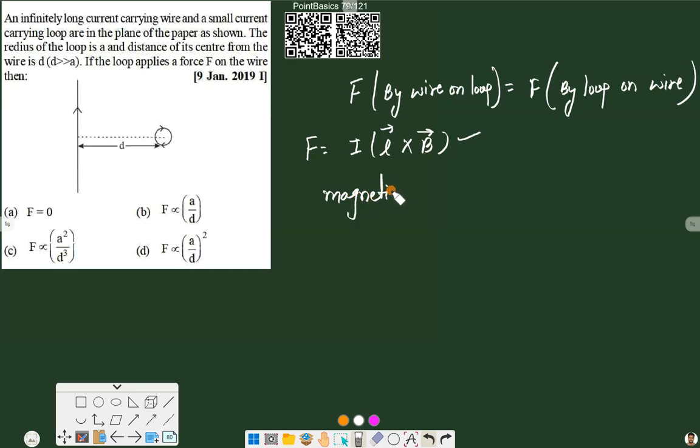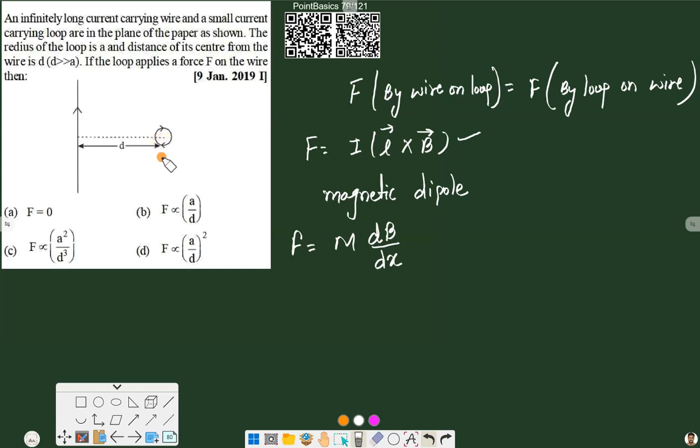And if we have some closed loop, then that loop acts as a magnetic dipole. For a dipole, we have a formula for force, and that is given by M, where M is the magnetic dipole moment of the closed loop, into dB by dx, which is the variation of the magnetic field with respect to the distance.